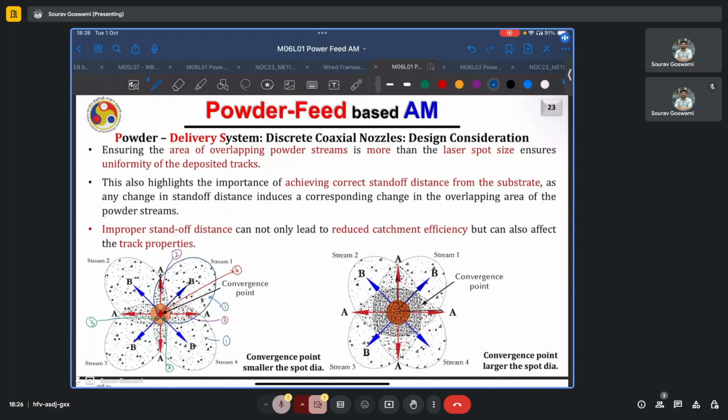Ensuring the area of overlapping powder streams is more than the laser spot size ensures uniformity of the deposited tracks.